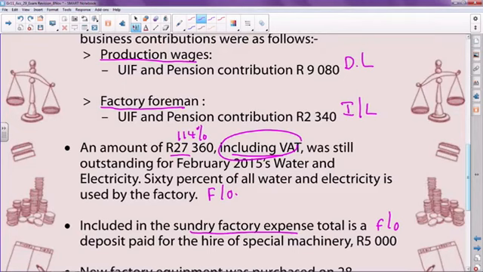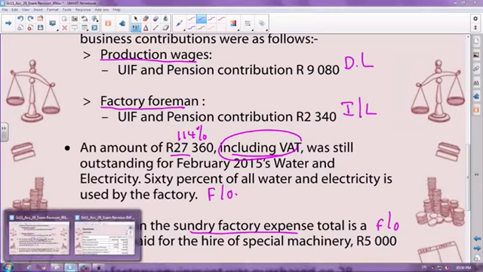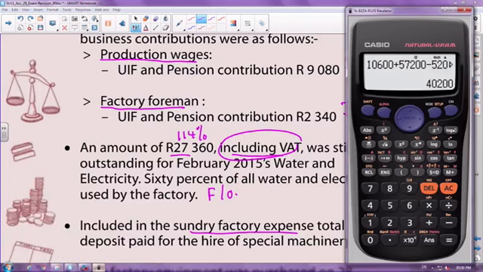So in order for me to calculate the VAT that we can claim, I'm not going to go to my answer book because I've got the info in front of me.